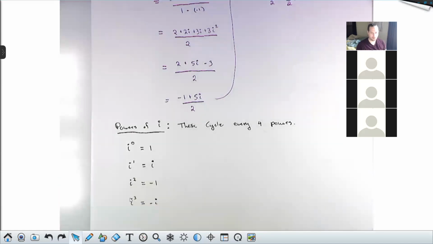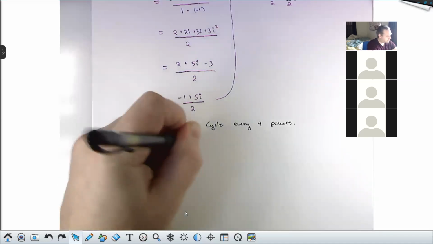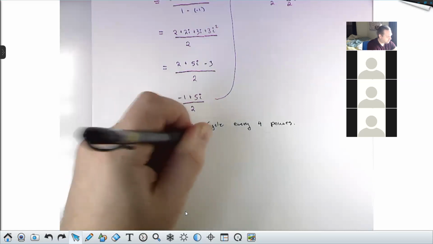If you don't yet see why i cubed is -i, I want you to make a little star in your notebook and come back here. Right? Just write it out. i cubed is i times i, which is i squared times i. And i squared is -1, so it's -1 times i. Now watch what happens. i to the 4, that's i squared times i squared, right?